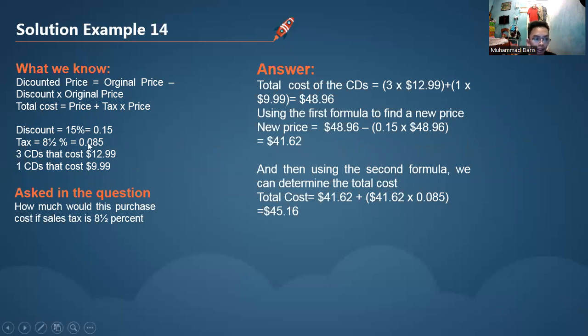Discount is 15%, or equal to 0.15, and tax is 8.5%, or equal to 0.085.